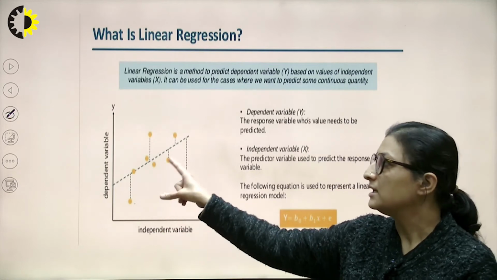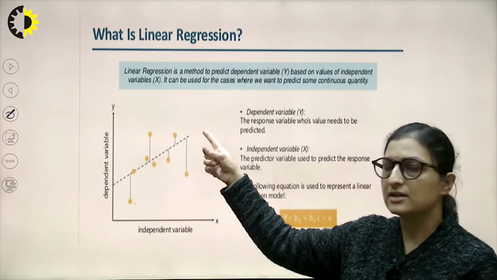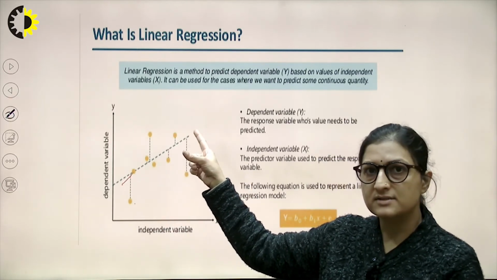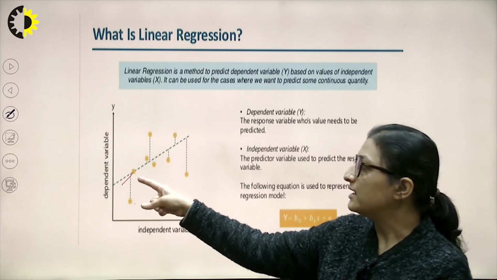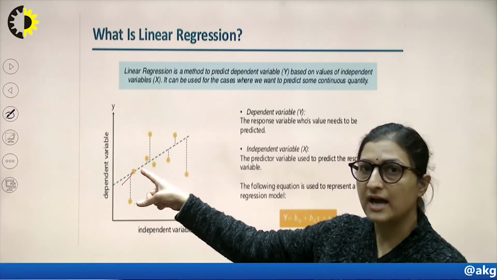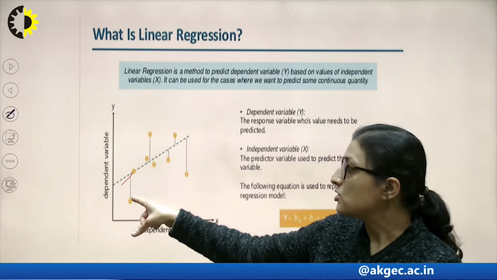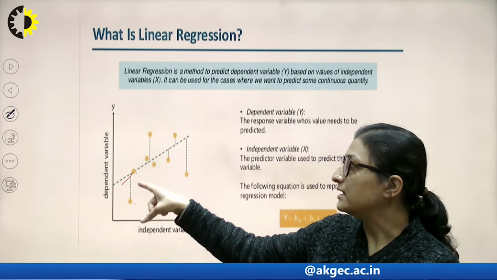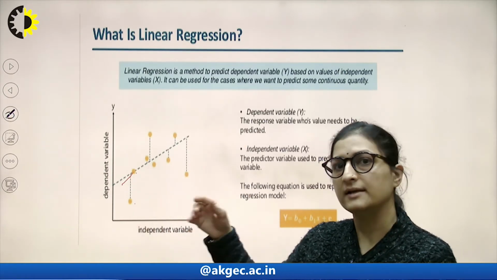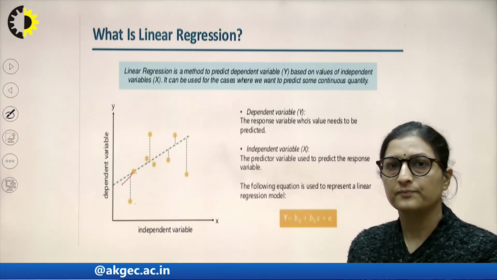I have plotted that data on the axis, and when I have this equation, I can make a best fit line across these instances. The line has to be made such that the sum of the square of the distances of these points from the line is minimum. Accordingly, I will choose a suitable line, and then I can use that line for making the prediction.